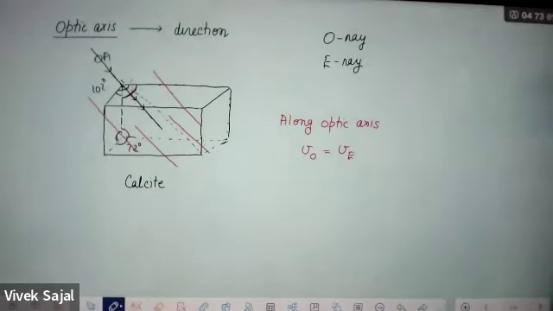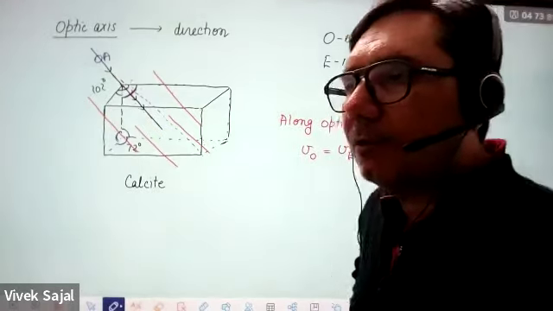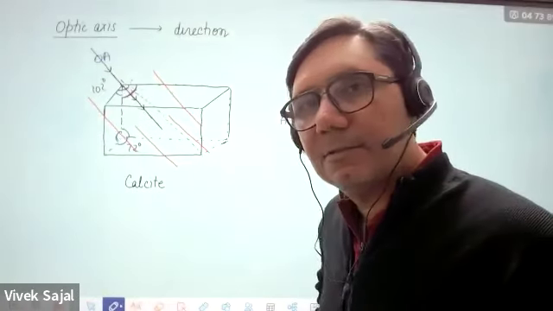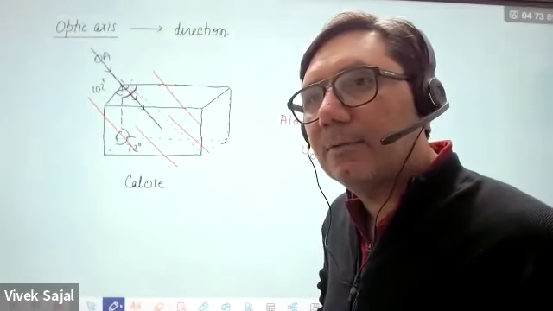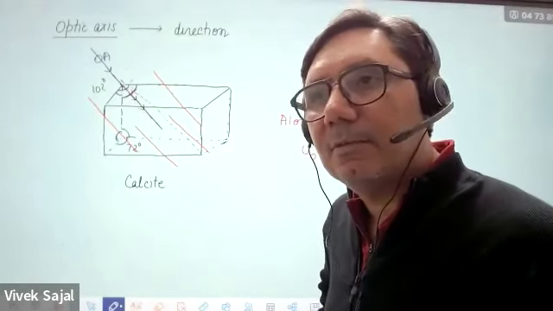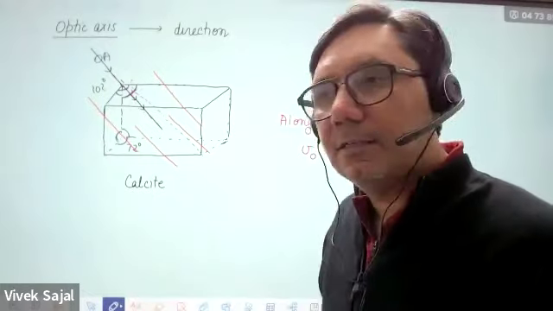Sir, one more doubt, sir. As the principal section has three rays, the ordinary ray always lies in the plane of incidence. Then what is the plane of incidence? The plane of incidence consists of the incident light and the normal also. So that may be different. So incident light, normal, and refracted light, that will be the plane of incidence.